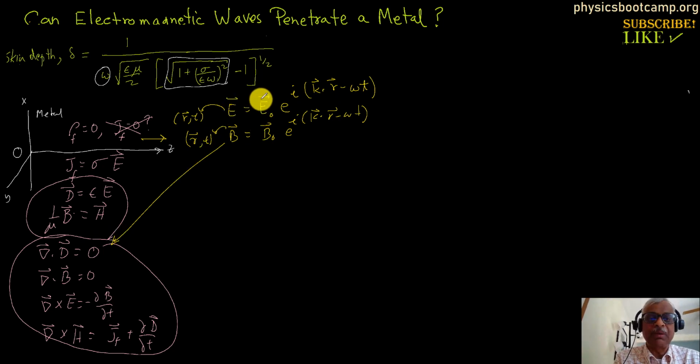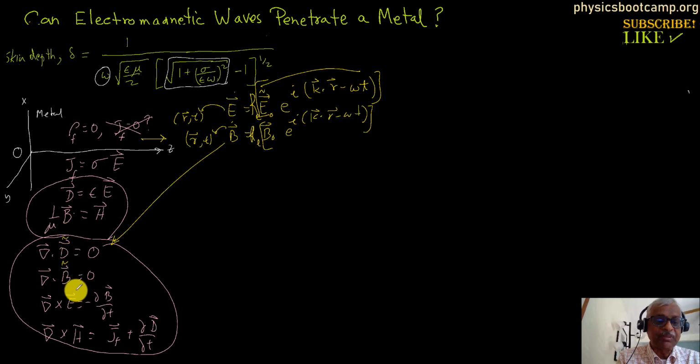So this is complex, and in the end we want the real part of this quantity. Till then, while we have this inside, it is complex. So we can think of this whole thing as also applying to complex quantities.